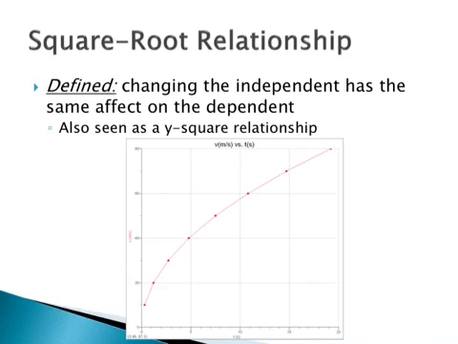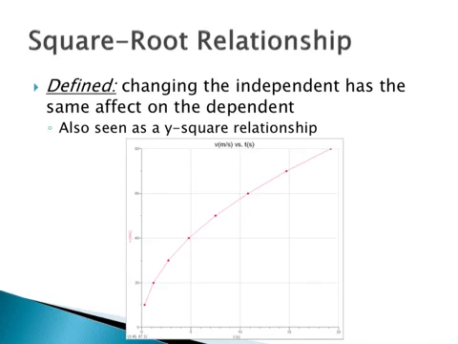The last relationship that we will see in this class is a square root relationship. This one is shown below, and what happens is that changing the independent variable has a similar effect on the dependent variable. But with this one, it has a different effect as compared to a square relationship.